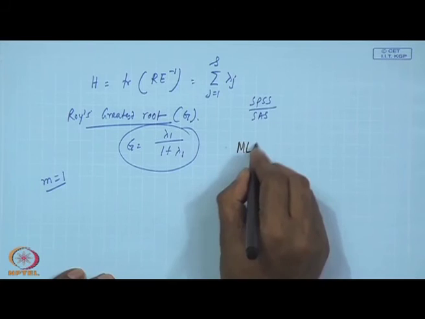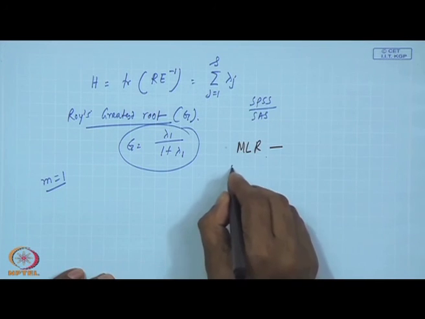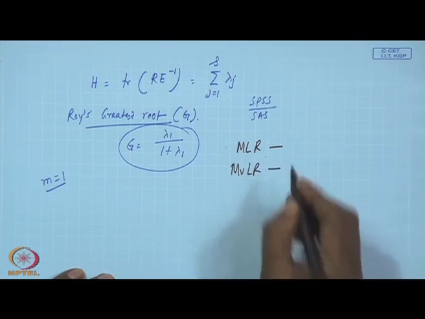If you find that these are contributing, then going for single MLR, that means multiple linear regression instead of MBLR, is absolutely no problem.